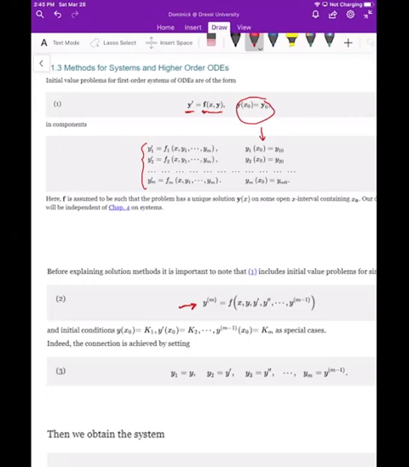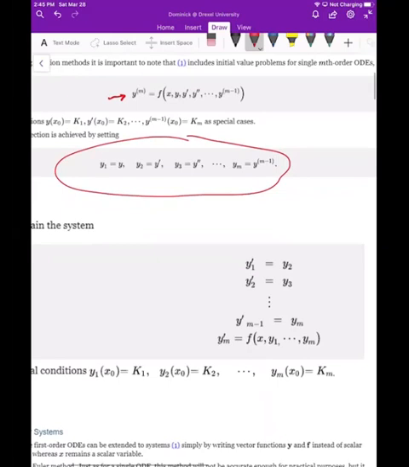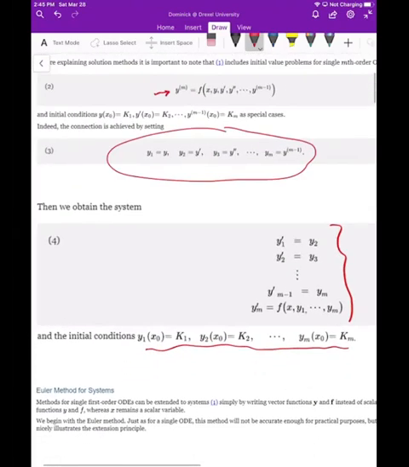We can see the connection by noting that we could convert this to a system of first order ODEs using methods previously discussed, which is just equating y1 to y, y2 to y prime, and so on and so forth. Then we get the system given by these m equations and the corresponding m initial conditions. So that's some background information.